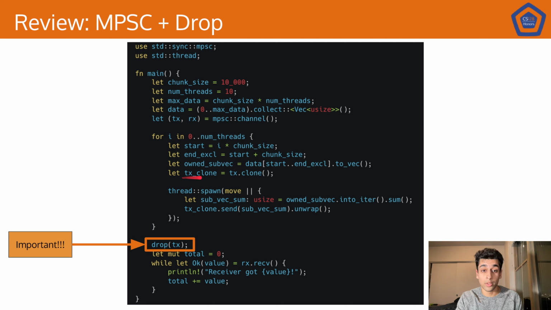We're also going to move the cloned transmitter into the thread. We're going to compute some value. In this case, we're computing the sum, and then send that back to the main thread. And then in the last lecture, we said it's very important to drop the original transmitter so that all transmitters are dropped by the time we're done sending values, so that this rx.recv doesn't block forever.